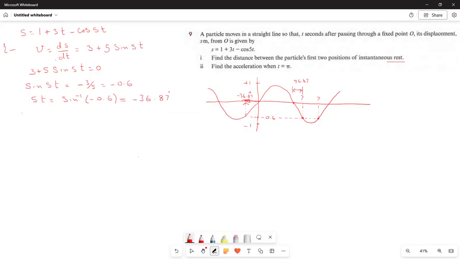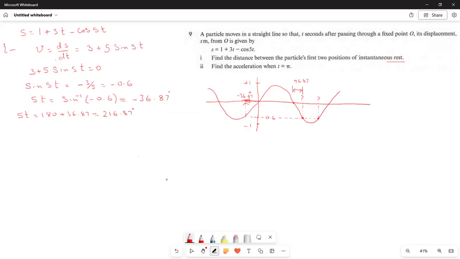So my answer would be 5t is equal to 180 plus 36.87, which will be 216.87 degrees. You can check with your calculator that the sine of this much would be minus 0.6.